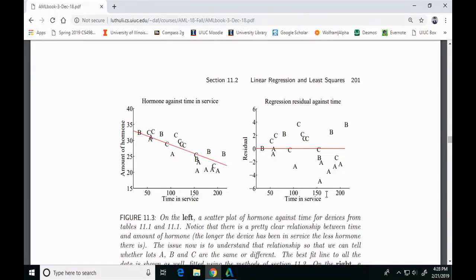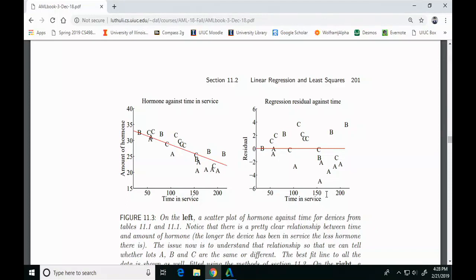That medical device causes some amount of hormone release in people. And the question was, is there a difference between the batches of devices? Are the devices all working the same, or are they working differently? If you look at the graph on the left-hand side, it's kind of hard to say that A is working better than B, or B is working better than C.